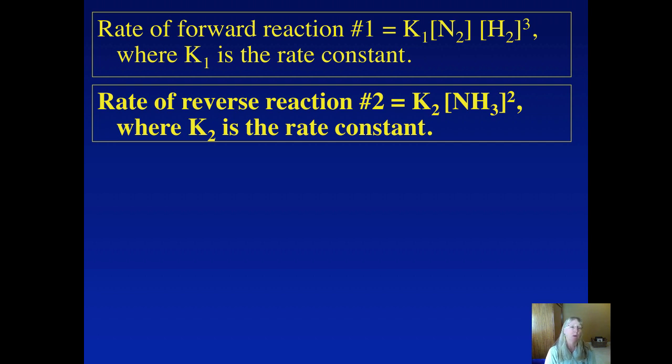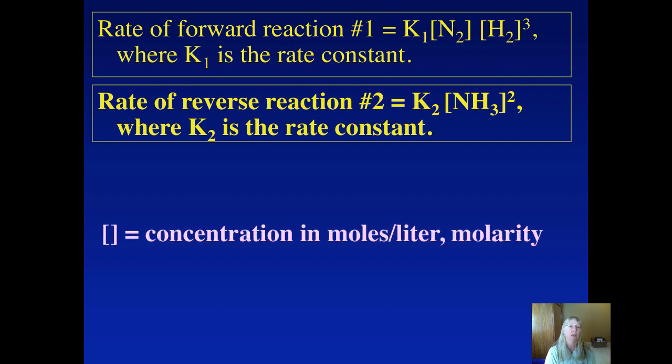But what you do know, without putting numbers in, is that the forward rate equals the reverse rate at equilibrium. The only thing from this slide that I need you to know is that these symbols right here, brackets, stand for molar concentration of. And I'll explain where these little powers come from in the next slide.